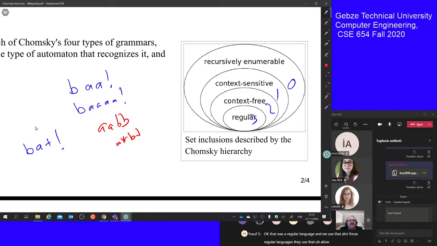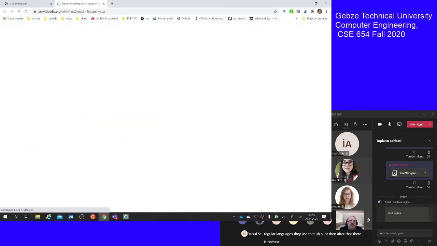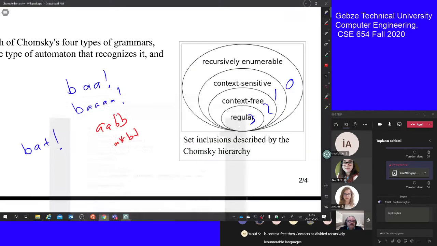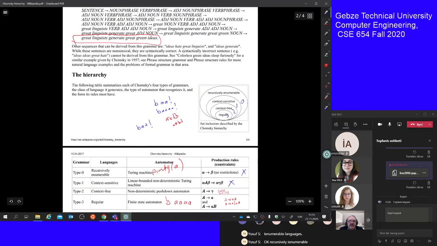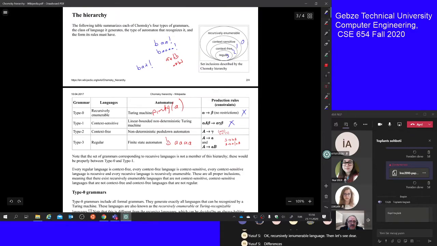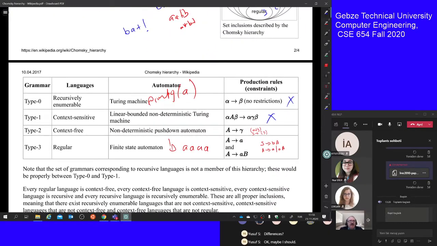Then after that, there are context-free, then context-sensitive, and the recursively enumerable languages. Let's see their differences. Maybe I should keep this open and go back and forth between this and my other slides.